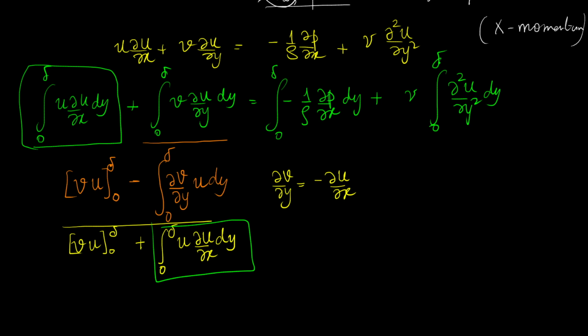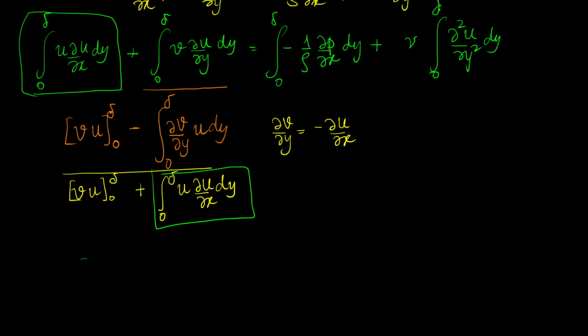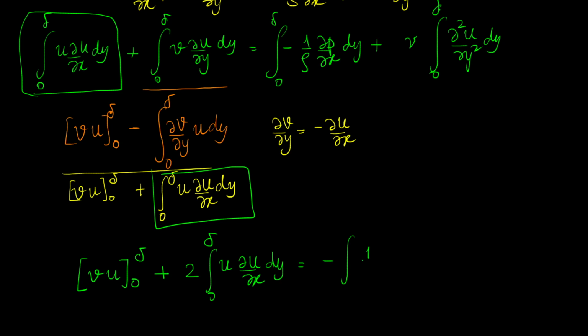So the left hand side simplifies to vu from 0 to delta plus twice integral 0 to delta u del u del x dy. This is equal to minus integral 1 upon rho del p del x dy plus nu times, simply, del u del y evaluated at 0 and delta.